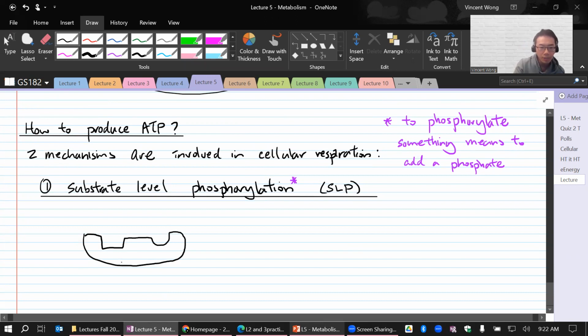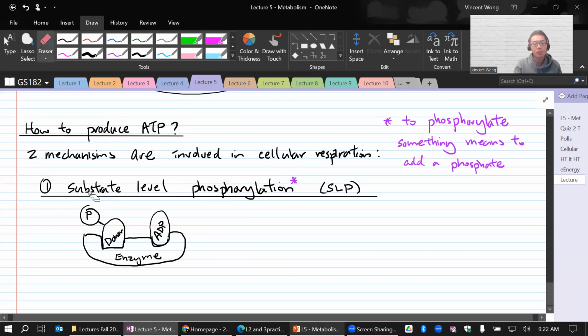Here we have an enzyme, and we have a donor. And this donor has a phosphate that it is willing to give up. And then over here, we have an ADP.